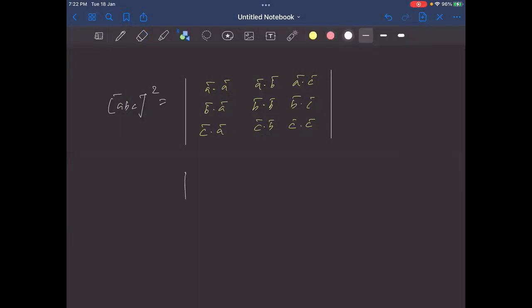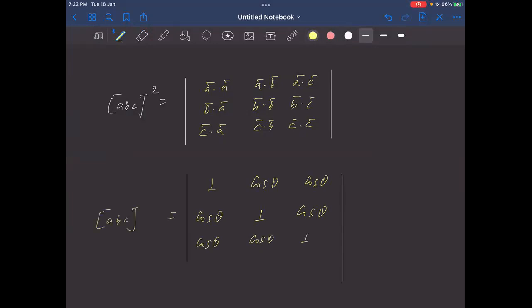A dot A क्या हो जाएगा? 1 हो जाएगा. ये cos थीटा, ये cos थीटा नहीं हो जाएगा? तो इसको सॉल्व कर लेंगे तो आ जाएगा STP ऑफ ABC का वैल्यू. बोलो, will we get STP of ABC इस डिटरमिनेंट से?